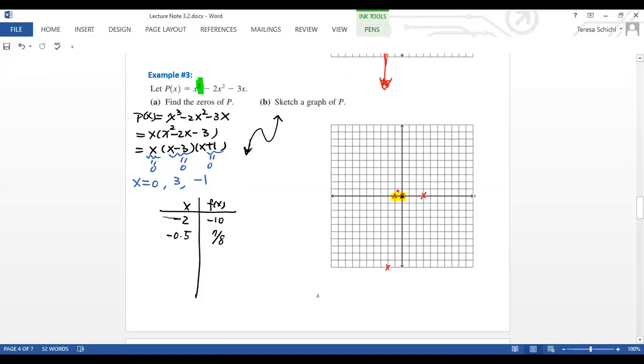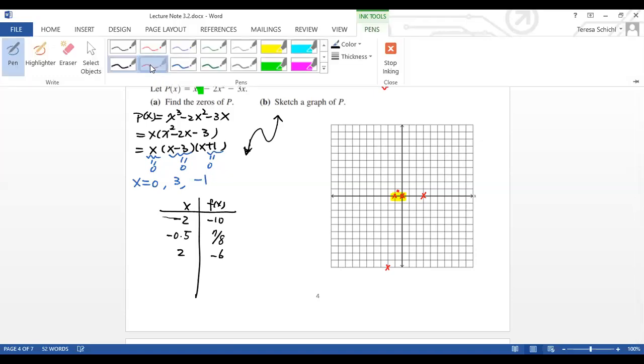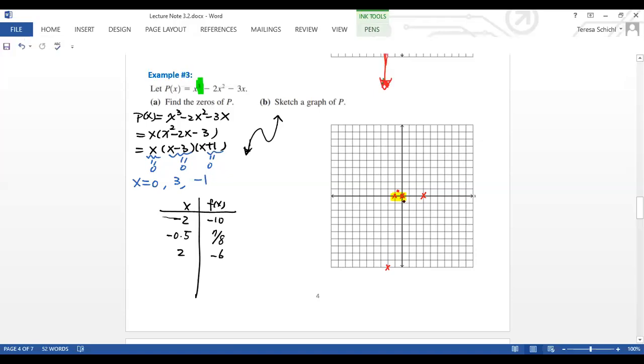Okay, now I need to choose one between these two, between 1 and 3, 1, 2, 3. So I choose 2 to see what the behavior is. So with 2, you substitute here, I get negative 6. Okay, so this is the next one. Here's 2, 1, 2, 3, 4, 5, 6. I have 6 here.